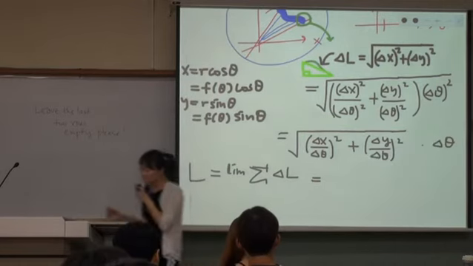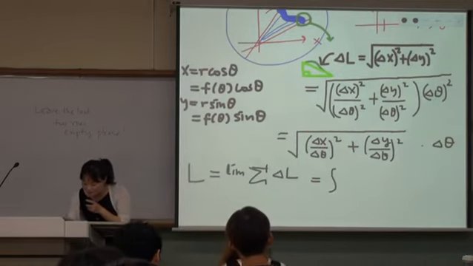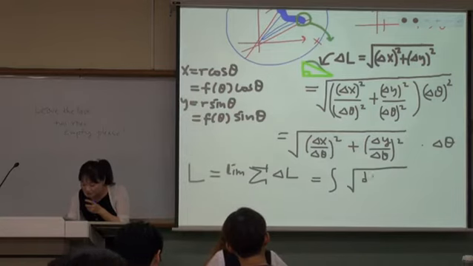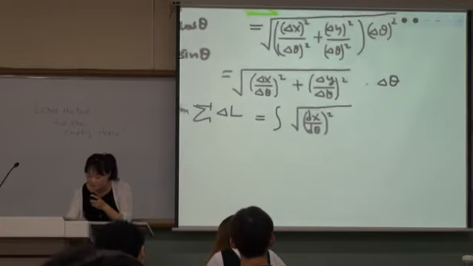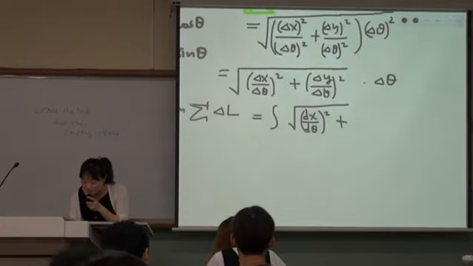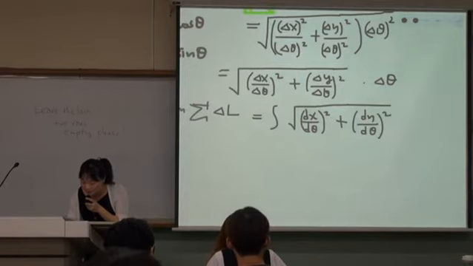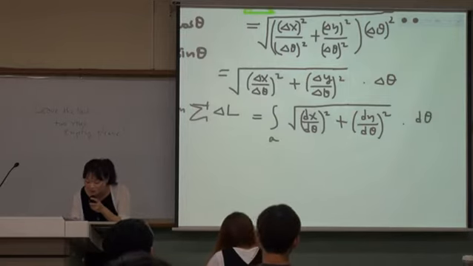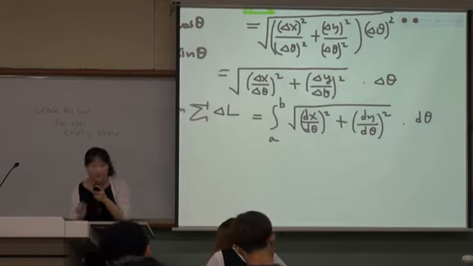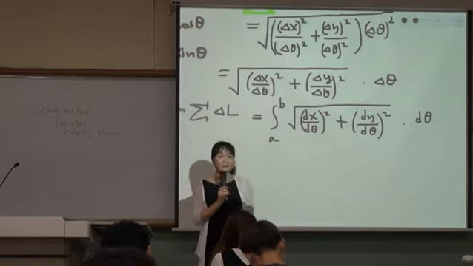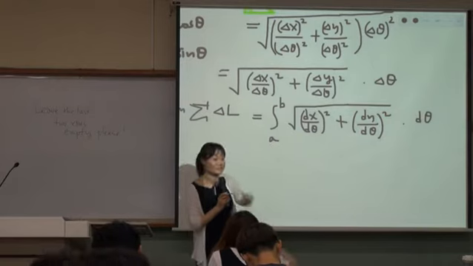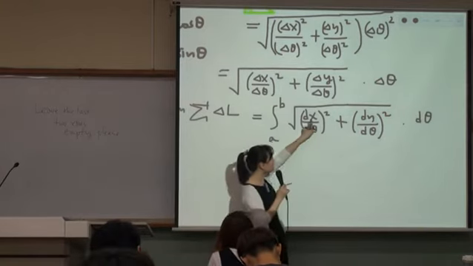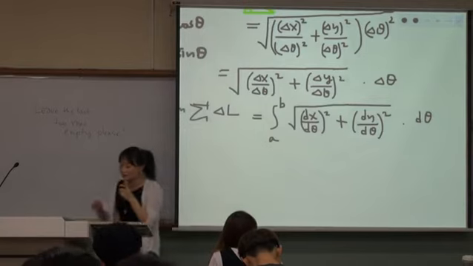So this is equal to the integral of the square root of dx d theta quantity squared plus dy d theta quantity squared times d theta. Theta goes from where to where? A to B. Okay? Fine?